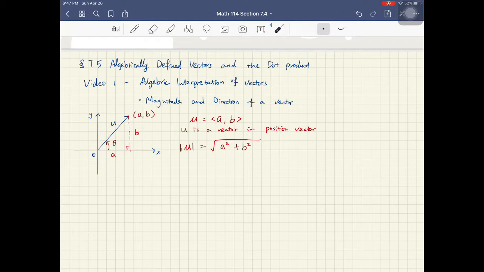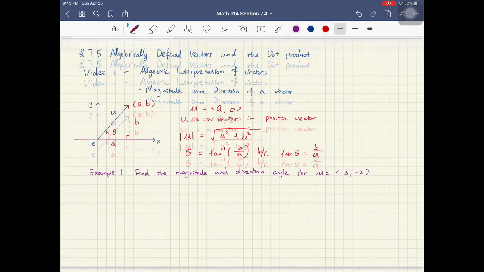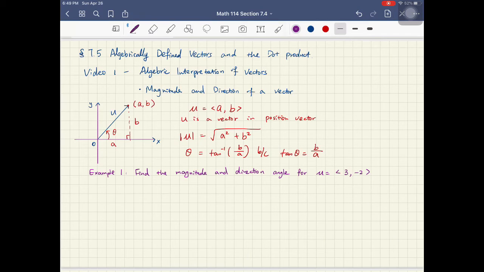And since extending the a and b creates a right triangle, theta, which is the direction, I can find by using tangent inverse of b over a, because tangent of theta equals b over a.